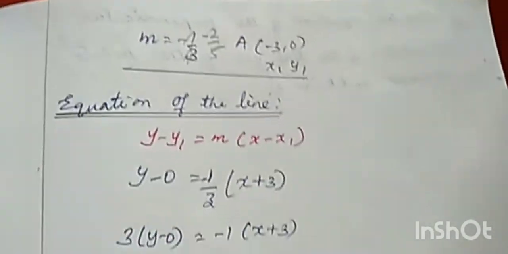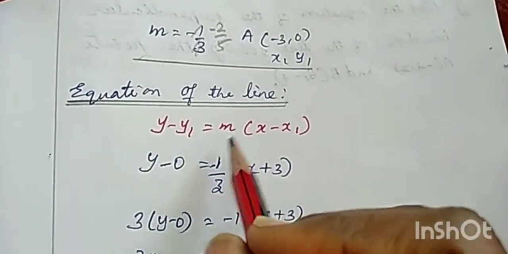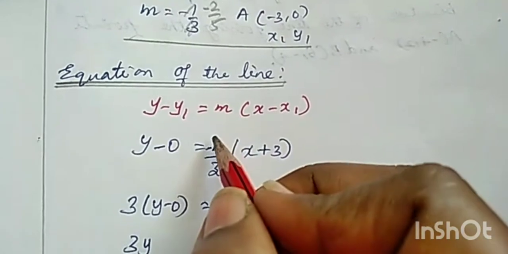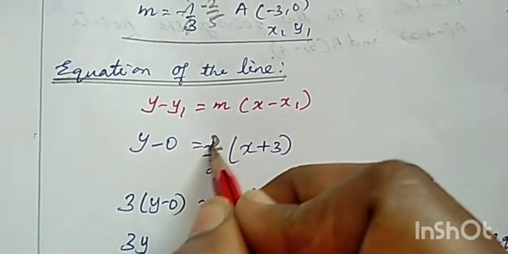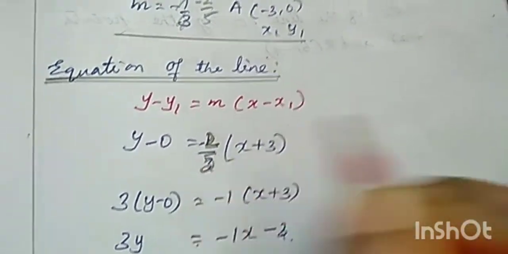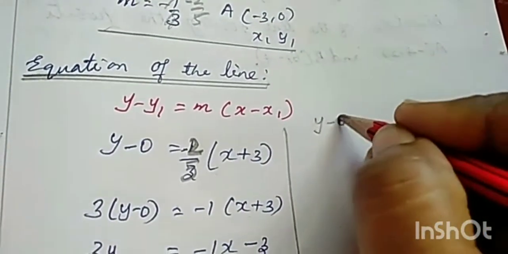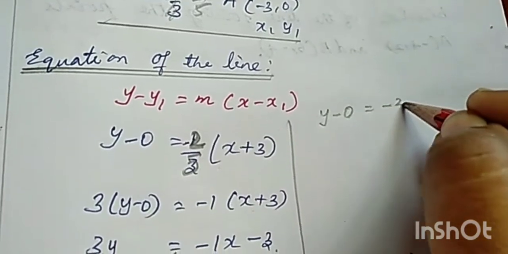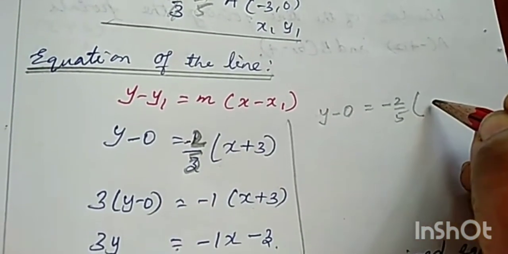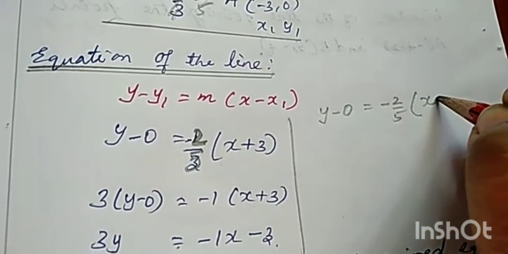Now framing the equation: y minus 0 is equal to minus 2 by 5 into x minus x1, and x minus x1 is x plus 3.